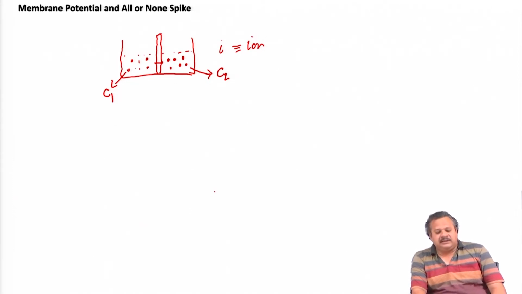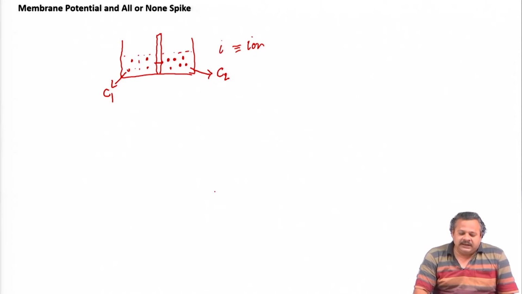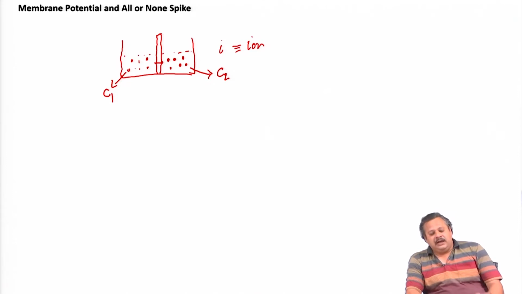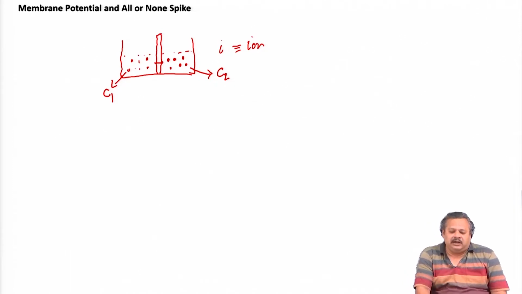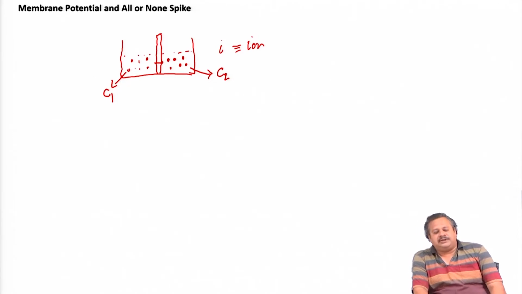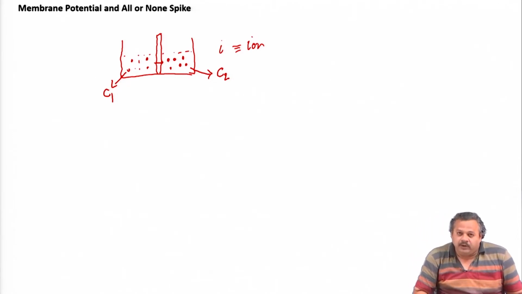However, as there will be a difference in the amount of ions on the two sides, there will also be a potential developing on the two sides. As the ion moves from one side to the other, the chemical potential is counterbalanced by the electrical potential, and at that time this ion I comes to equilibrium.